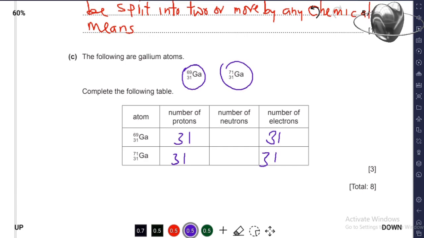We find the neutron number by subtracting the proton number from the mass number. So we are going to say 69 minus 31, and the answer is going to be 38.